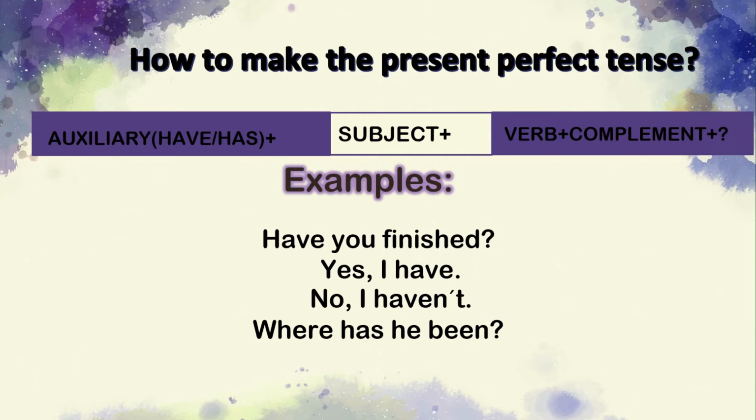This is a WH word question, so you have to answer completely, right? So, the answer will be, he has been at home. So here you have an affirmative sentence, right? The subject, the auxiliary, the verb in past participle, and also the complement.